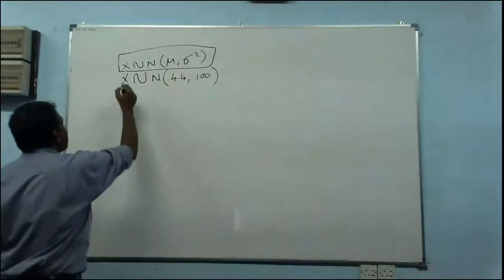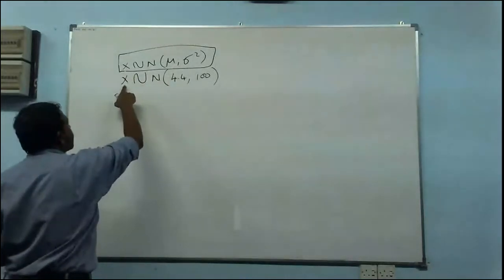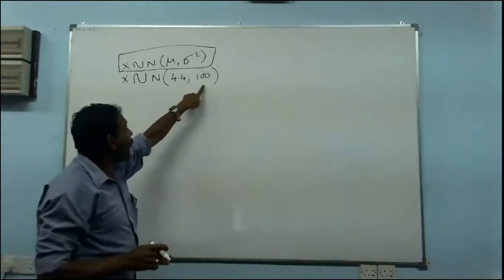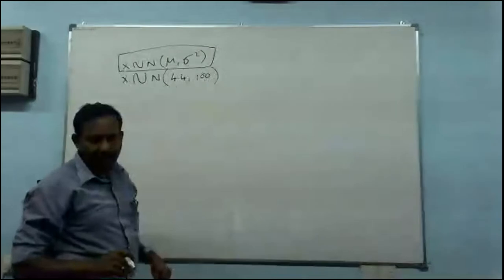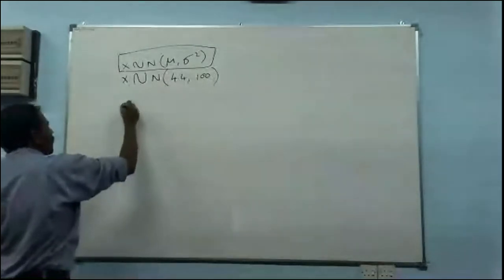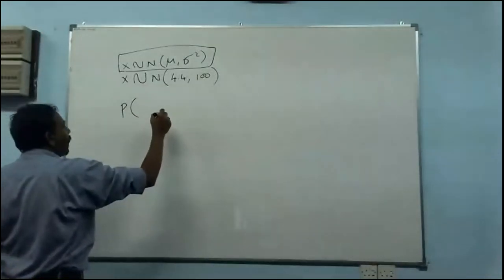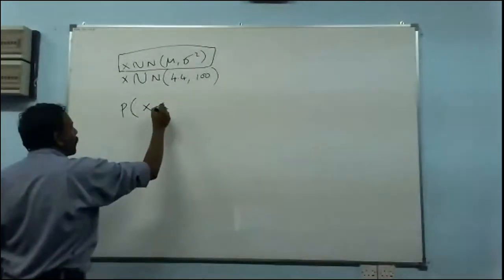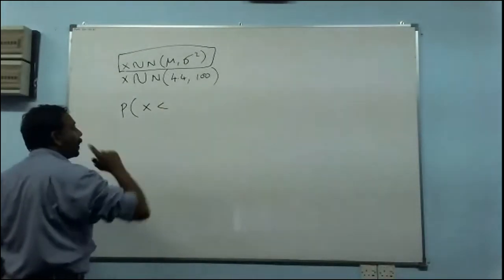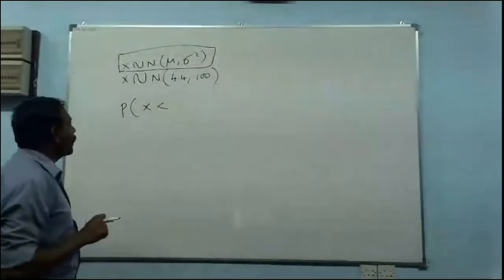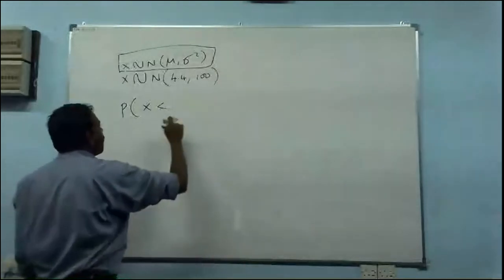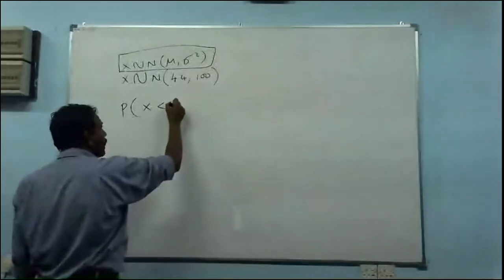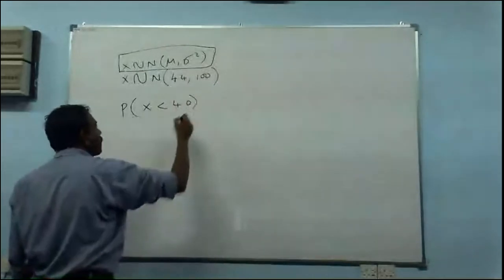Right. I have an example. The paddy production in Sri Lanka is distributed normally with a mean of 4.4 and with the variance of sigma square. Now my question is, find out the proportion of farmers producing the paddy yield less than 4 metric ton per hectare.